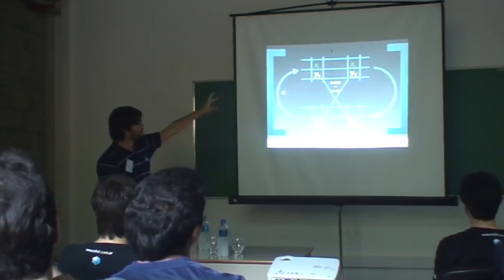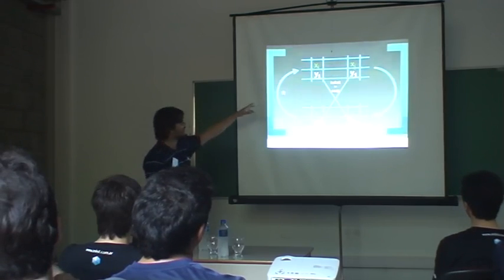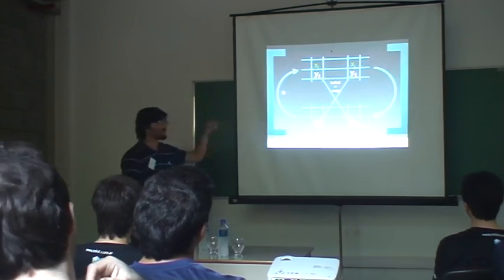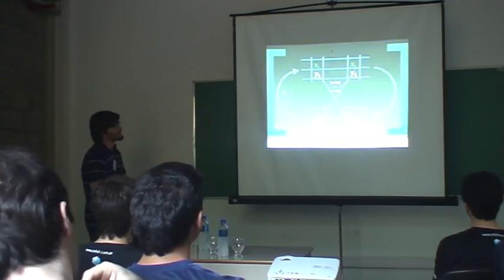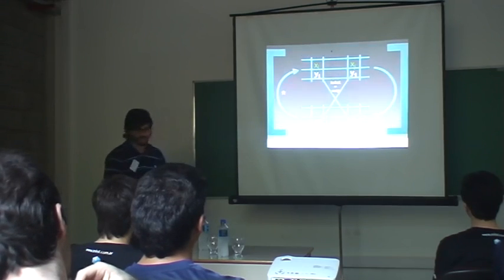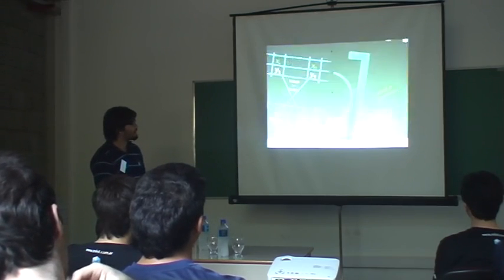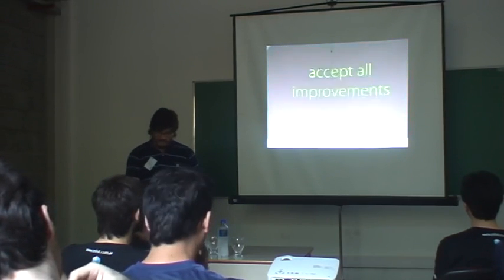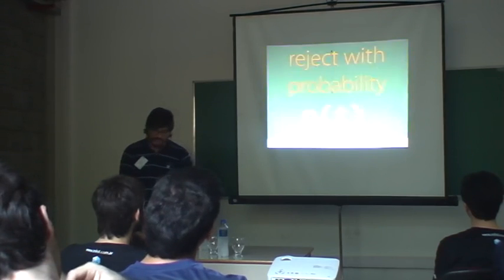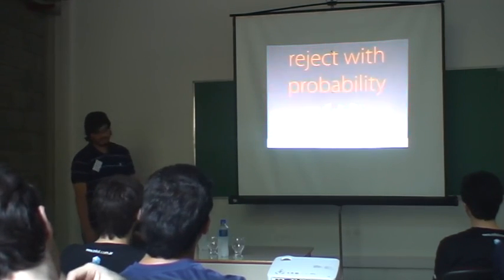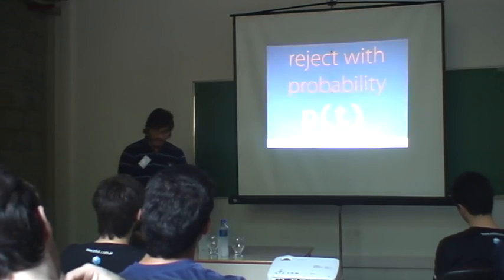We have the two samples, and we change the order of two random elements in the second sample, and then we have a new possible solution. Again, we accept all improvements and reject bad solutions with some probability depending on the temperature of the system.